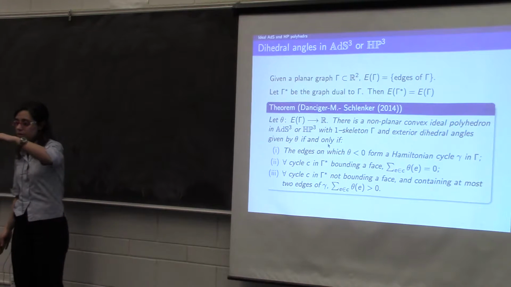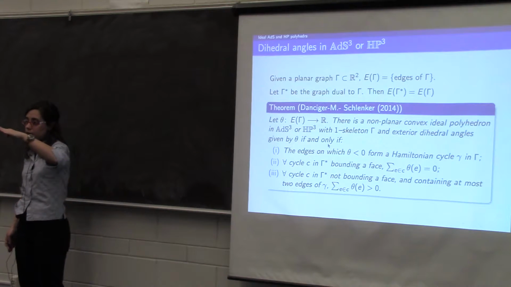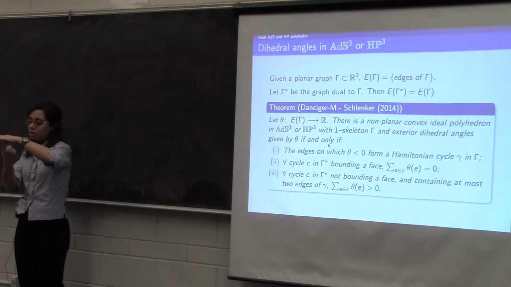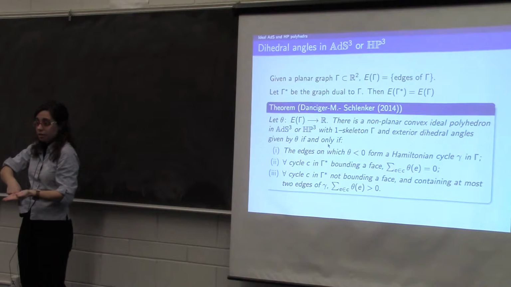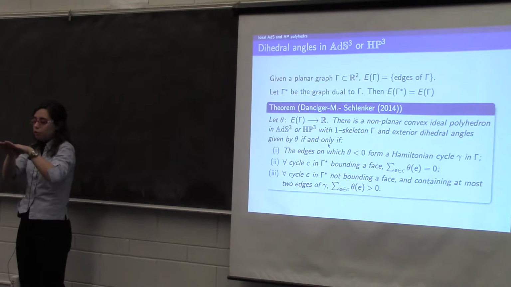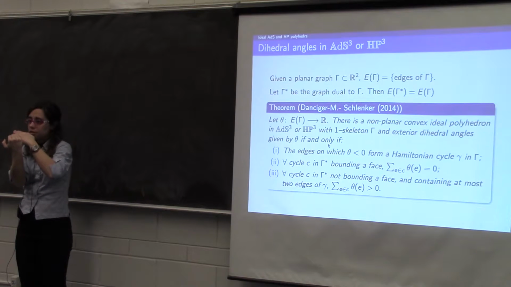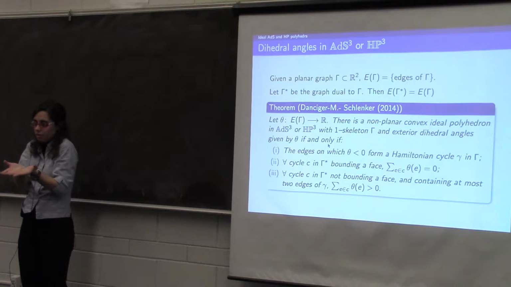Why? Because every face is space-like. What that means is that the normal direction is time-like, and the time-like direction can be positive or negative. If you look at the set of faces that have a positive time-like direction, those form a disk, and the same with the other direction.